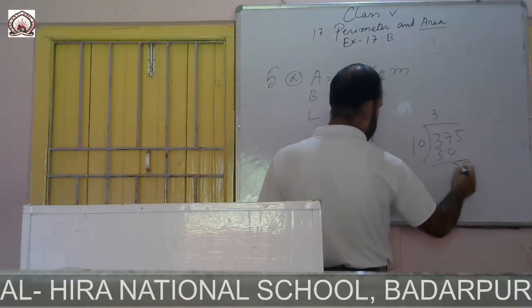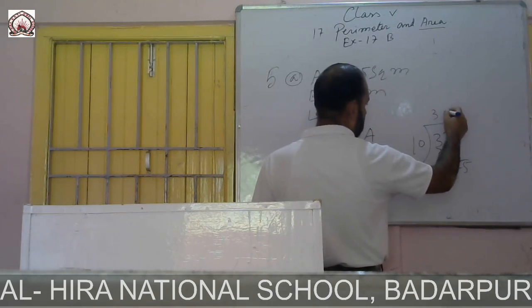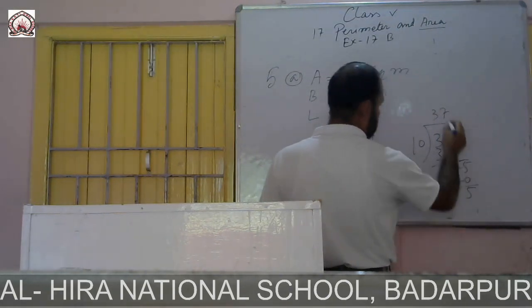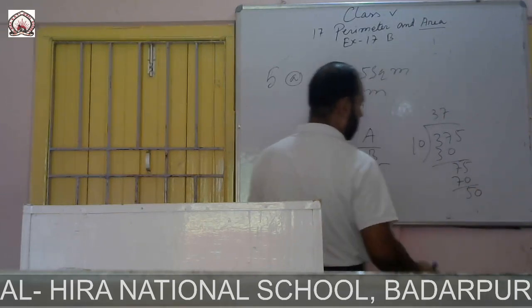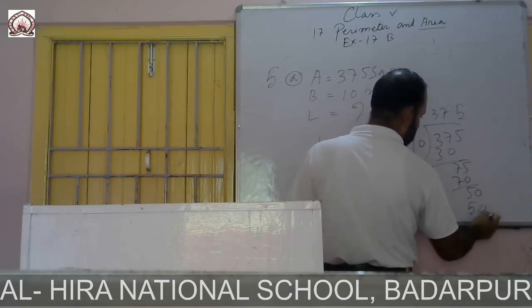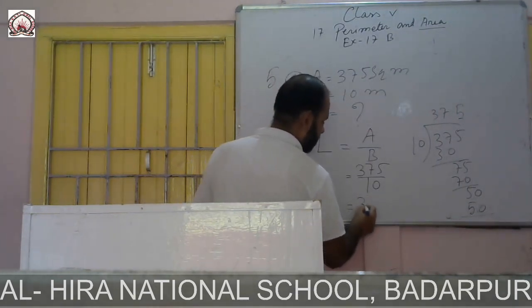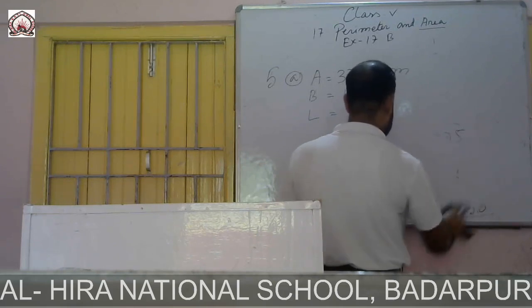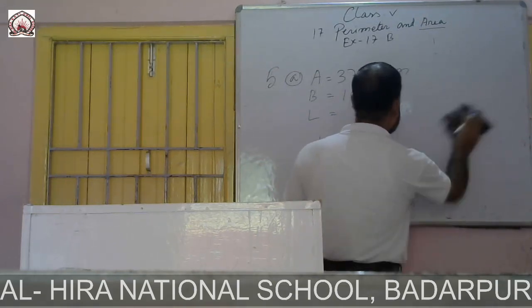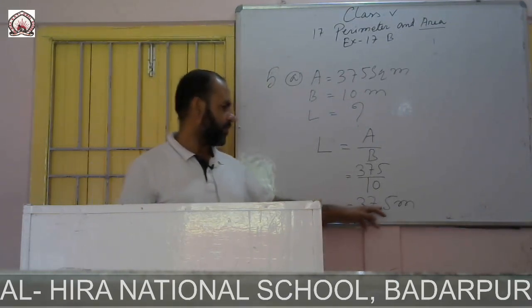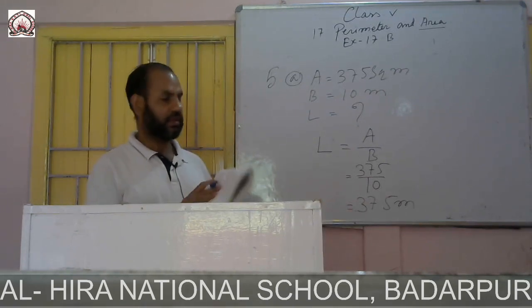Take down 5. 10 7s are 70. Remain 5. Put the point, take down 0. So 50. 10 5s are 50. Answer is 37.5 meter. The length equal to 37.5 meter.